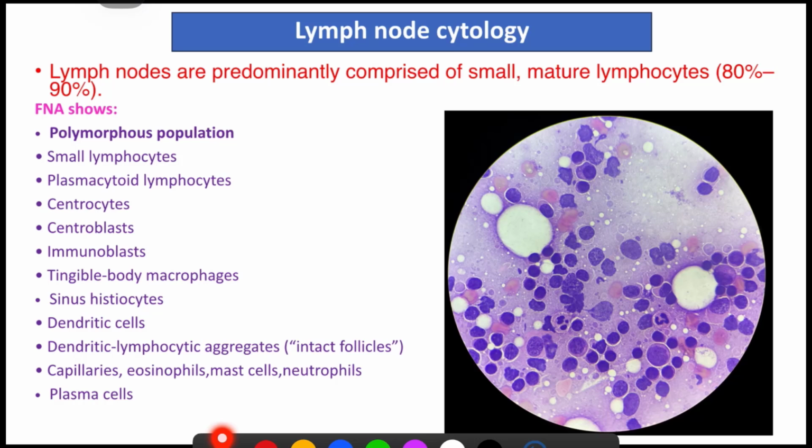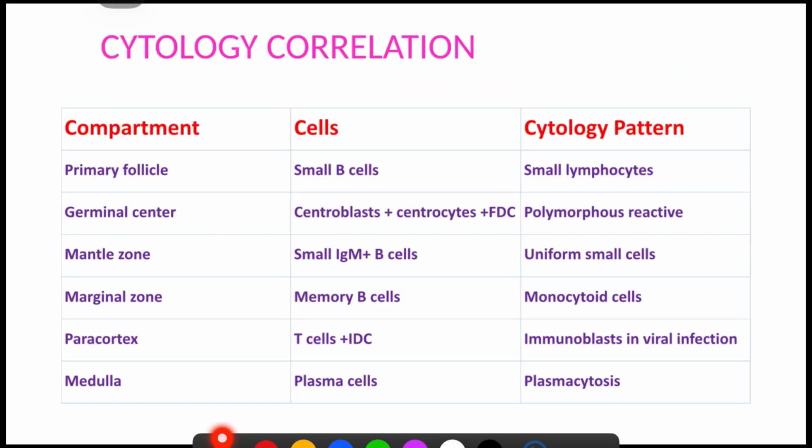So, lymph node cytology, when we see it, is a polymorphous population comprising small lymphocytes, plasmacytoid lymphocytes, centroblasts, centrocytes, and immunoblasts, tingible body macrophages, sinus histiocytes, dendritic cells, dendritic lymphocytic aggregates, intact follicles, endothelial lining, eosinophils, mast cells, neutrophils, and plasma cells. So, how do you identify all the cells? So, let us discuss in detail.